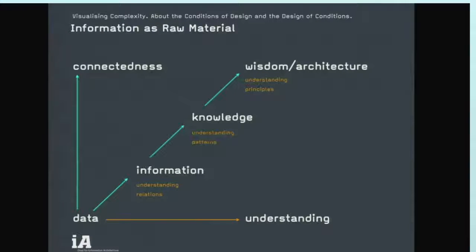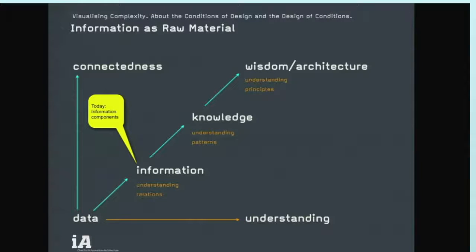From the bottom left, the point zero, you have data, then merging into information when you understand the relations between these data. Then you have knowledge if you understand the patterns in which information is arranged. And then finally you come to architecture, to wisdom, if you really understand the principles that are behind these conglomerates of knowledge, of information, and of data.